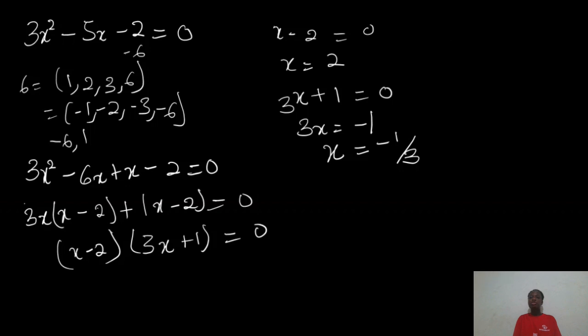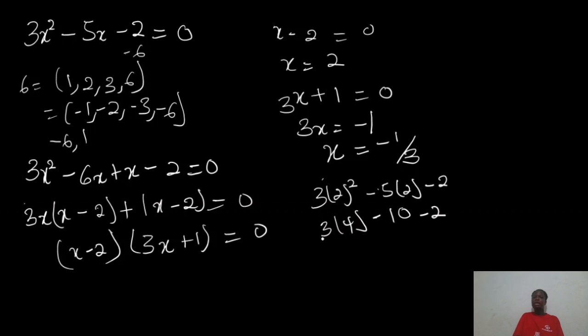Now we put 2 and negative 1 over 3 into the equation to check that we get 0. If we put 2 into the equation, we get 3 times 2 squared minus 5 times 2 minus 2. 2 squared is 4, 3 times 4 is 12, and 5 times 2 is 10, so we have 12 minus 10 minus 2. 12 minus 10 is 2, and 2 minus 2 is 0.